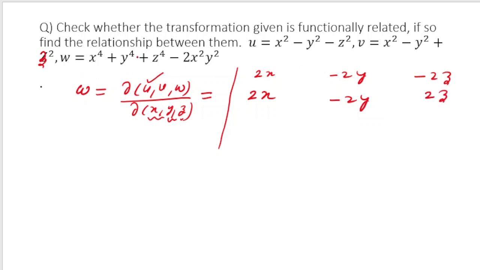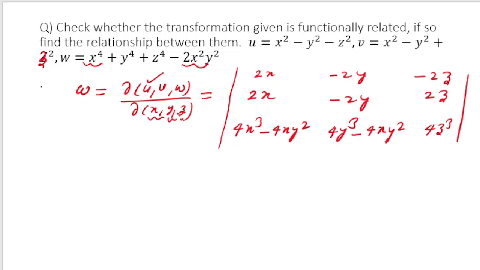And then w with respect to x, it will be 4x cube, and from here I will get minus 4xy square. With respect to y, 4y cube and minus 4xy square, right? And with respect to z, I will get 4z cube. I hope it is clear.